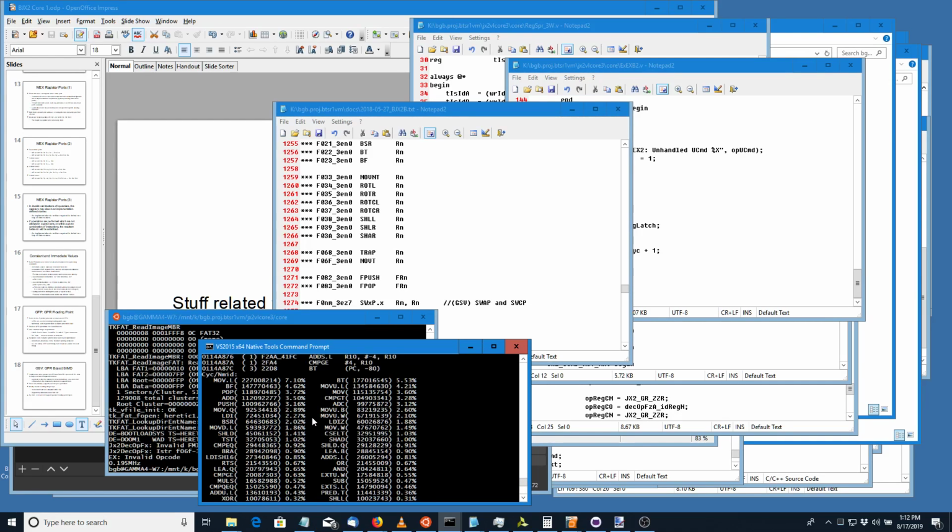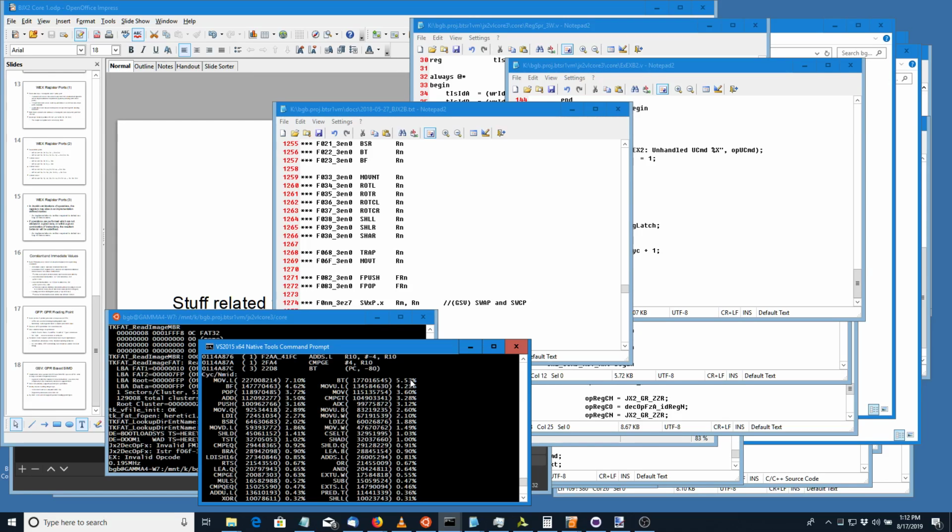What does this say about this situation? Well, the lion's share of the clock cycles, about 7%, are going just into loading and storing double word values. So double word, pretty common.